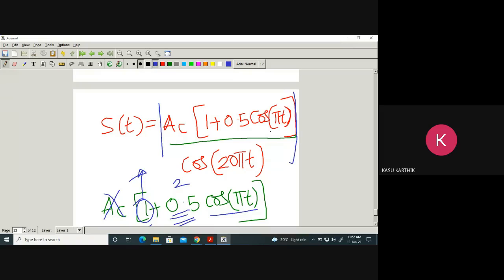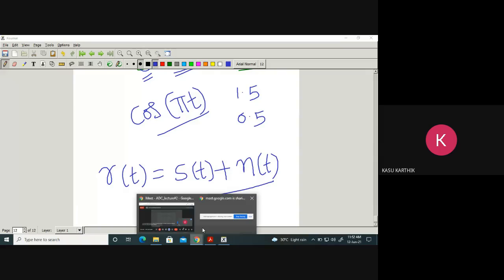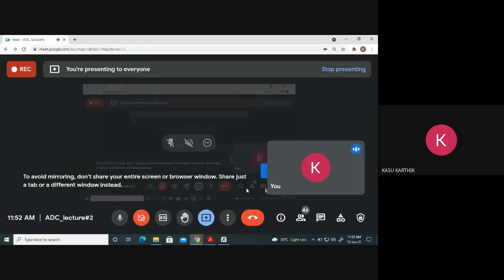But mod is not required because it is always positive. Just now you told me maximum is 3 AC by 2, minimum is AC by 2. It never goes negative. So that's why mod is not required. I am removing this mod. So this is case 1. Any doubts till now? If it is okay, we'll go further.